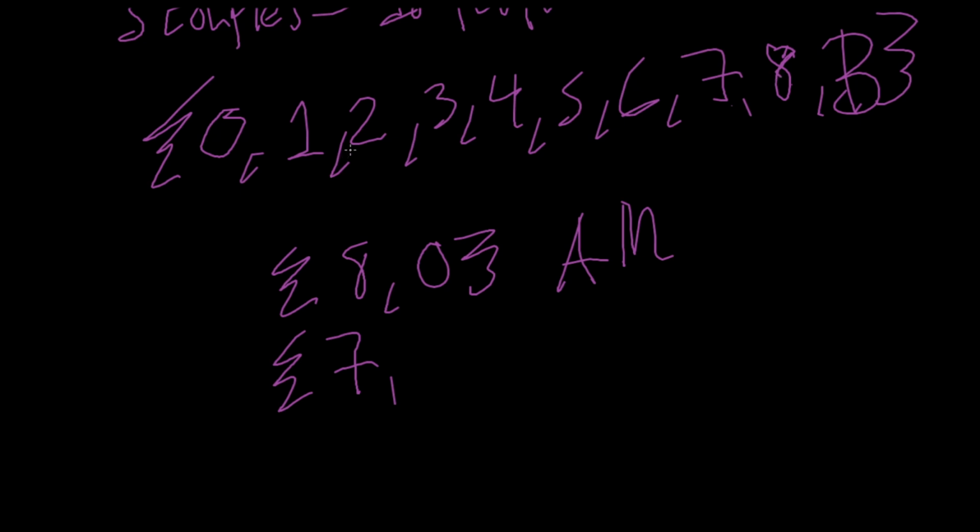So 7 must have shaken hands with 2, 3, 4, 5, 6, 8, and Brian for a total of 7 handshakes. So the only people he hasn't shaken hands with are 0 and 1, and we know that 0 is taken. This means that 7 must be married to 1. So 7 and 1 are married.